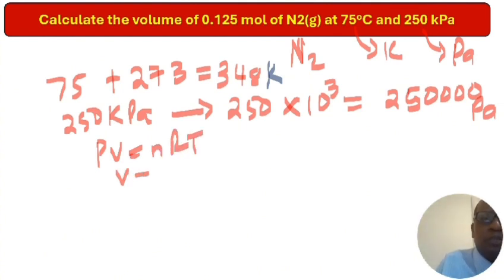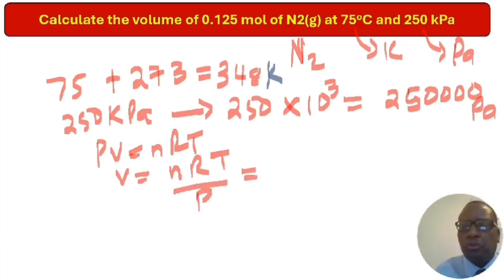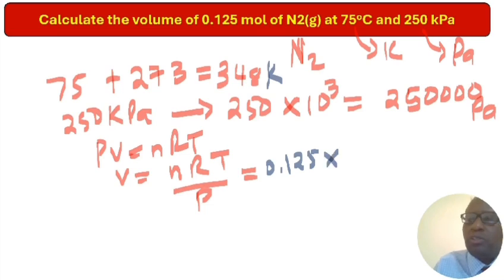So volume is equal to nRT divided by pressure, which is equal to the moles that we're given, 0.125, times the gas constant. You've got to remember the gas constant. This might be on the periodic table.